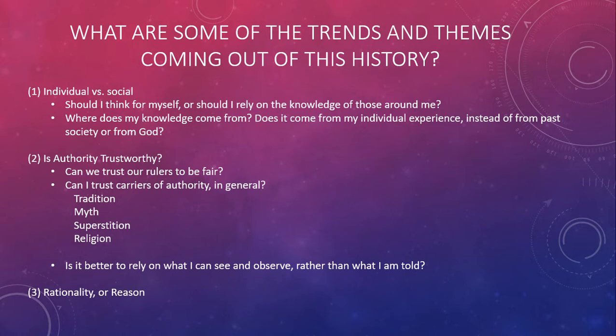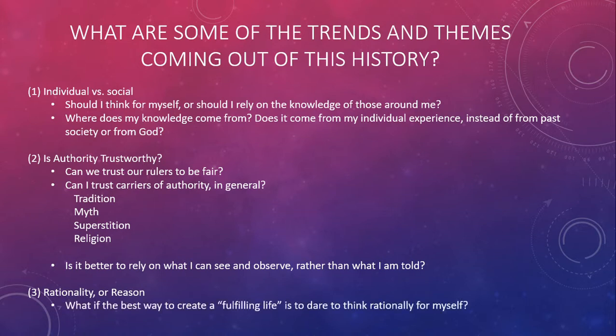The third major trend was a focus on rationality and reason. With everything going on, and you can see how the history matters, people were wondering if the best way to create a fulfilling life was to dare to think rationally for themselves. This is why this period is so commonly called the Age of Reason.